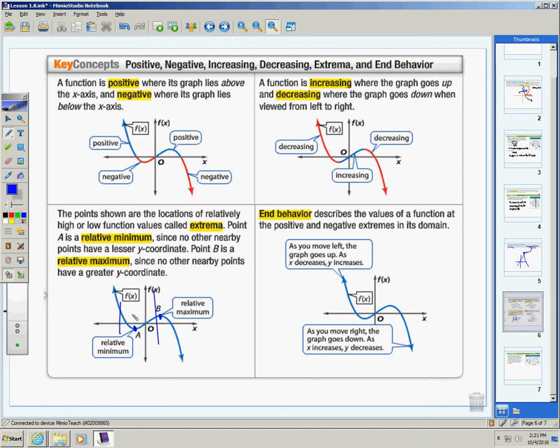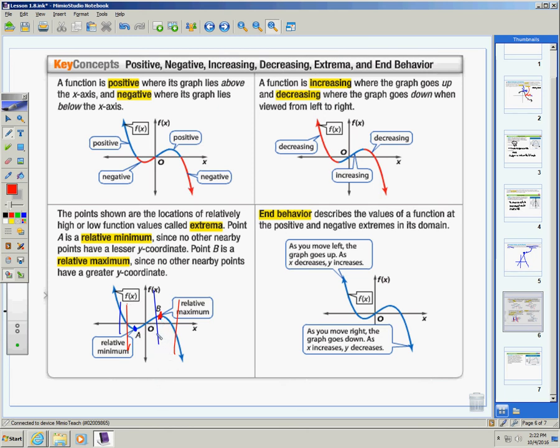Just like the maximum doesn't have to be the highest point. It's just the highest point within a certain range. Okay? And there's not really a rule that you have to look between a certain set of numbers. Just identify if there's a point that seems low compared to all of them around it, that would be a relative minimum. If there's a point that seems higher than all the points around it, it's a relative max.